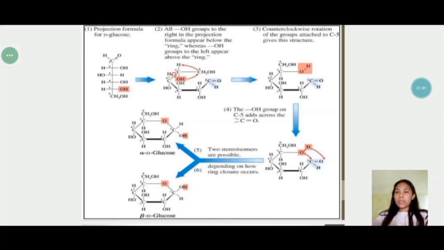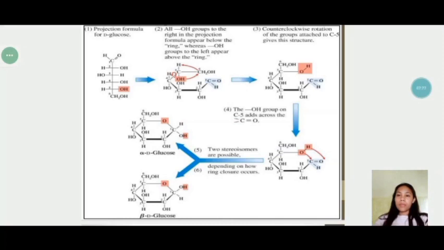Ang OH groups nga makita nato diri sa left sa Fischer projection structure. So the third step is the counterclockwise rotation of the groups attached to C5 gives this structure. So here. And number 4, the OH group on carbon 5 adds across the bond of carbon and the oxygen.